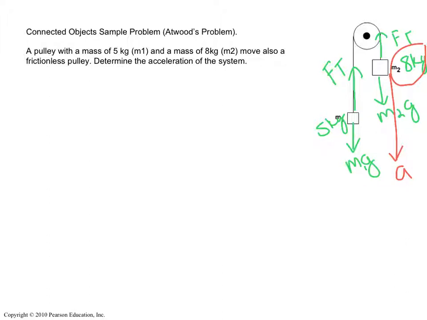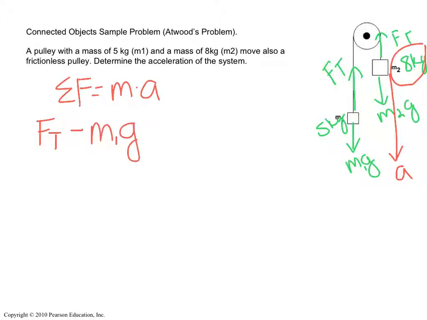Okay, so we're still using the total of F equals mass times acceleration. And let's look at mass 1. So we have Ft, which is positive, minus m1g. Why is it minus? Well, it's going down. So then we're going to have equals m1 times acceleration, and our acceleration for this guy is going to be positive.